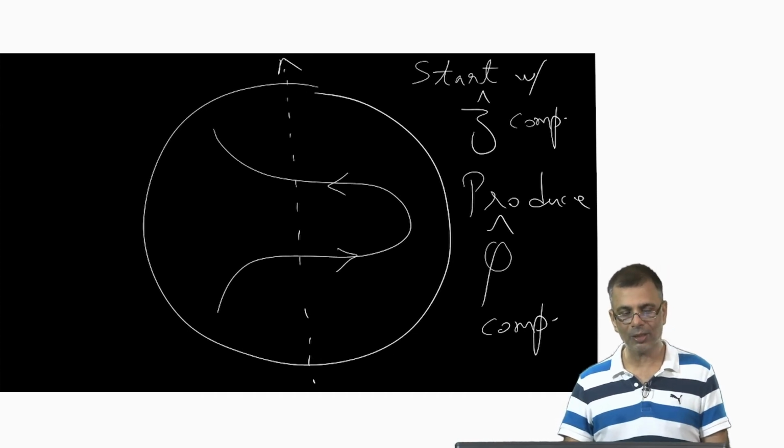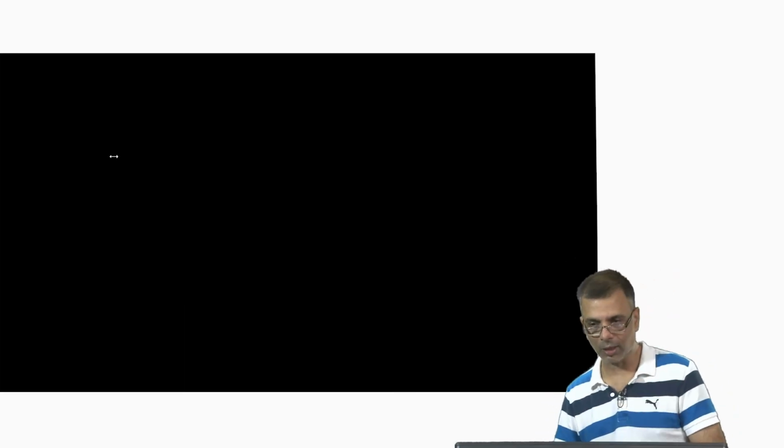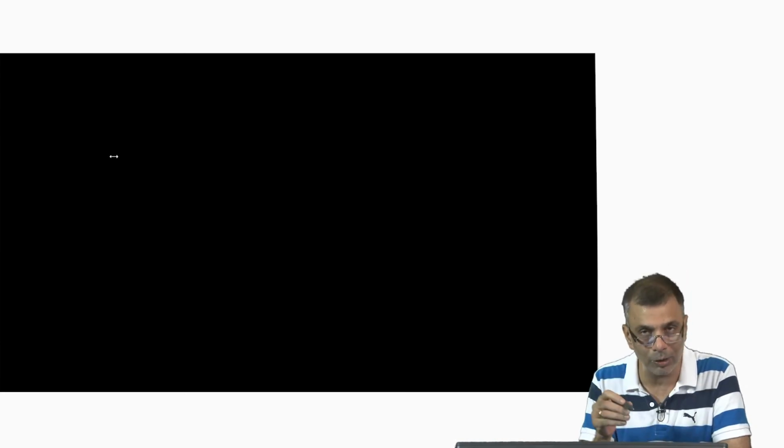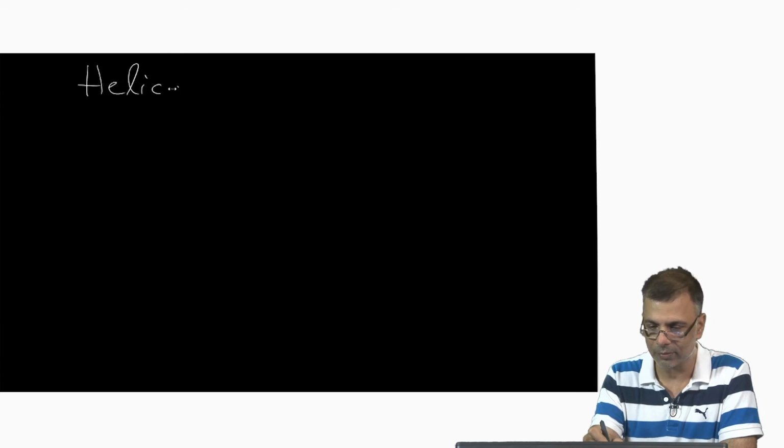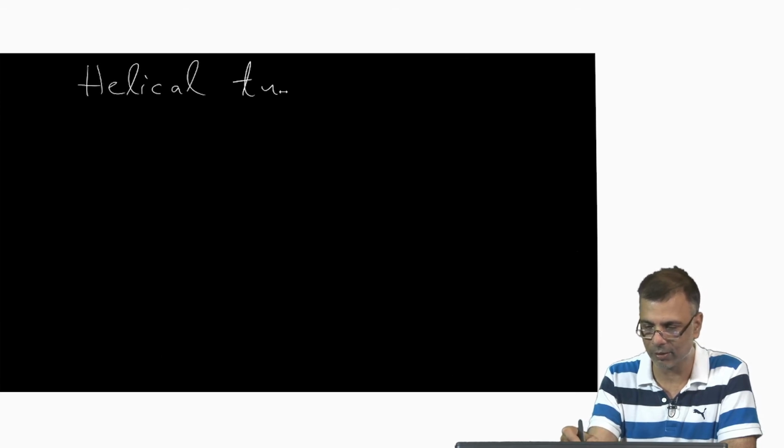Now, it turns out that there is one more important component, and that is, shall we say, stretching things a bit. If this was not there, the whole thing would not work, and that is called the issue of helical turbulence. Let me try to explain what this is in a minute.